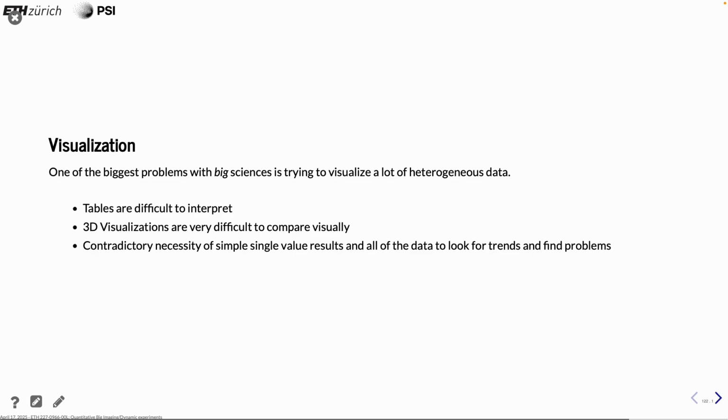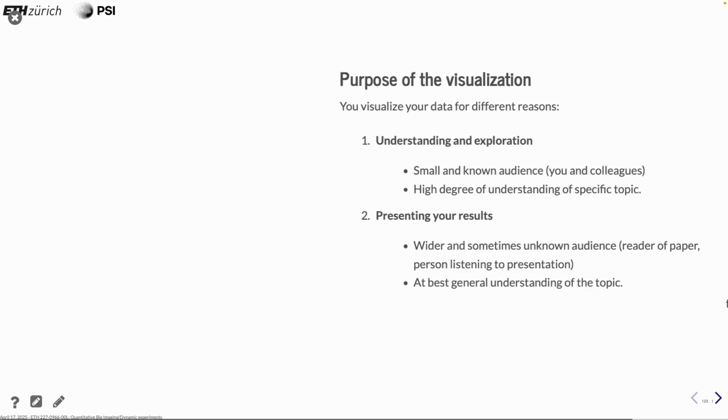And a table, sometimes a table is good, but it's often hard to interpret a table and see trends in it. 3D visualizations, they're nice, they're very beautiful to look at, but if you want to compare them, you have to do a qualitative visual comparison, and that's maybe not always so easy. And sometimes it's also difficult to really highlight the changes you want to see and find problems.